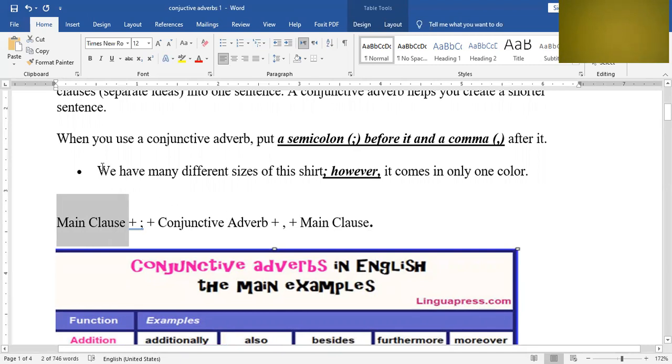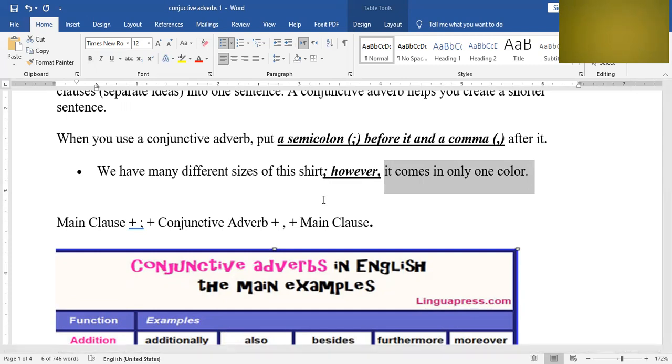Here is the first main clause, the semicolon, the conjunctive adverb, the comma, and the second independent idea. However, I have a complete one sentence joined together with the conjunctive adverb.